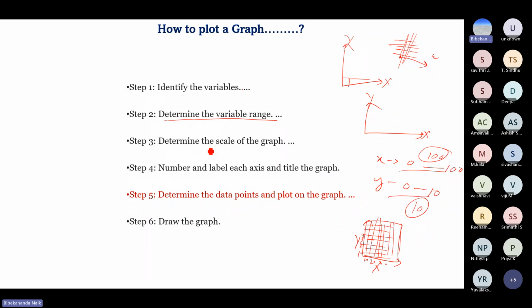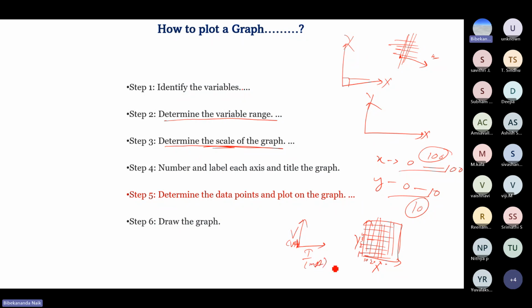So we need to determine the variable and then determine the scale of the graph. This is about scaling. Then number and label each axis and title the graph. So suppose you are making a graph of current and voltage, we should write voltage and we should write the unit.